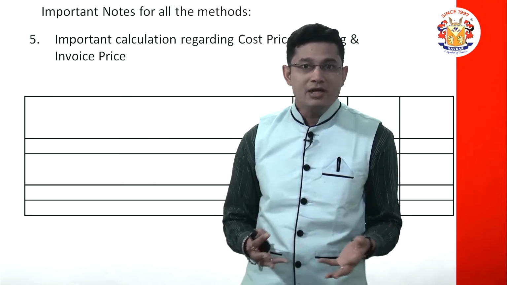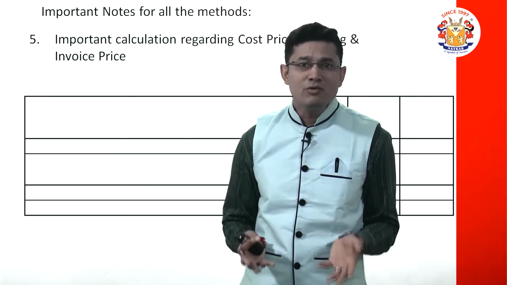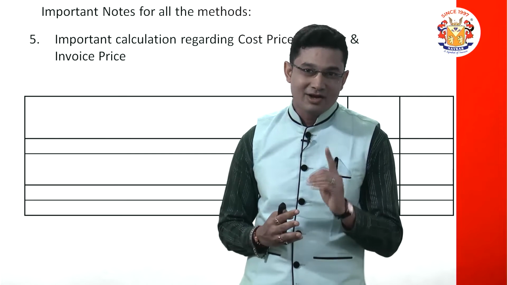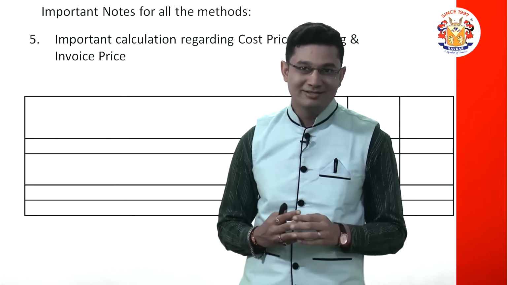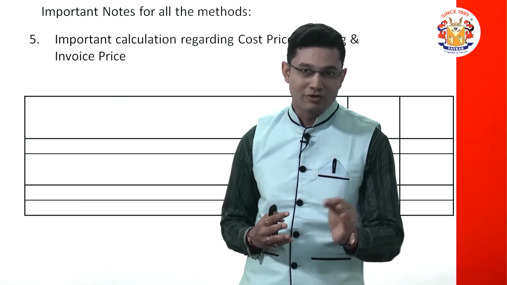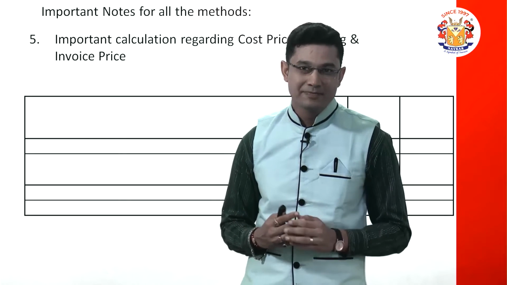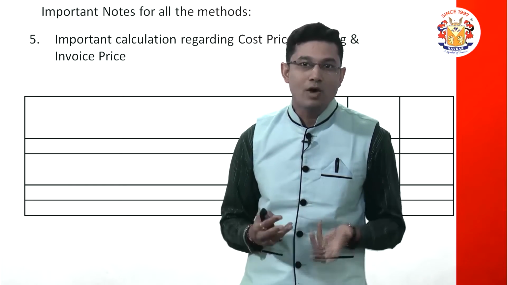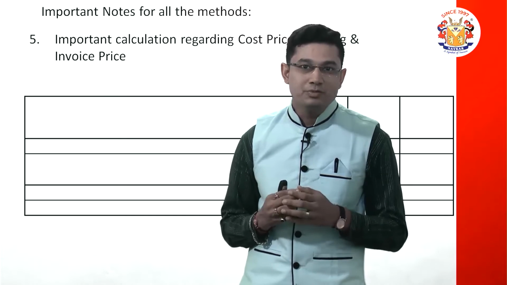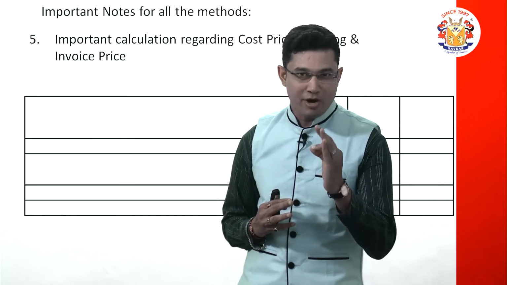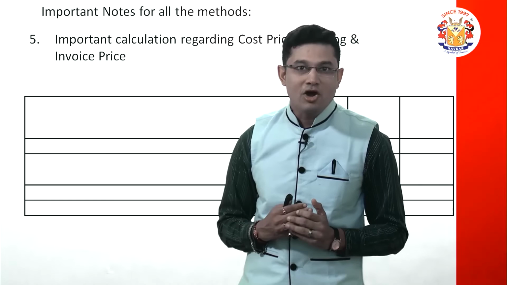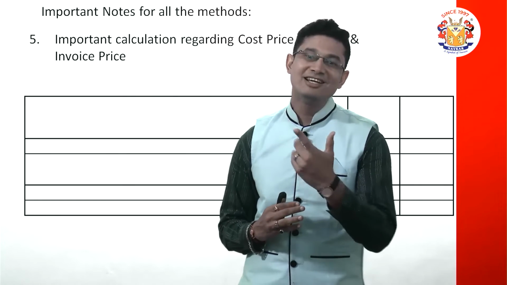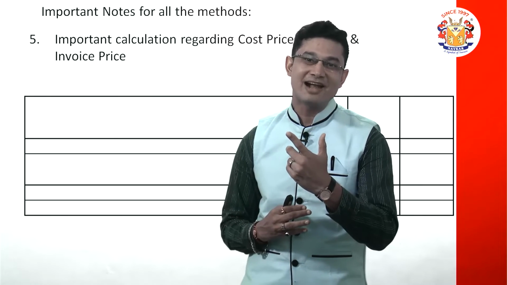So all four elements are given at invoice price in this equation. So we will calculate cost price and loading regarding all four transactions. Sir, now the question will be: at invoice price means at 133.33, so at cost means at 100, and at loading means 33.33. Very easy, let's calculate.